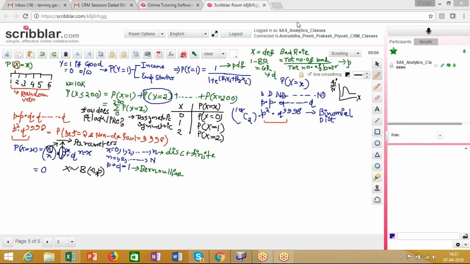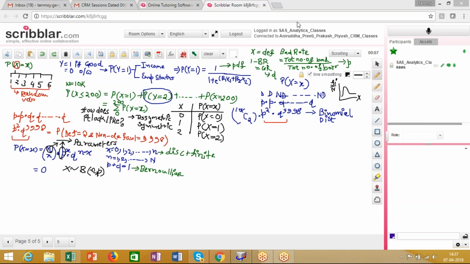Either it's a success or it's a failure, and to each success or failure there is an associated probability. My objective is to understand, out of a given number of trials, what would be the probability that out of n trials there would be x successes.